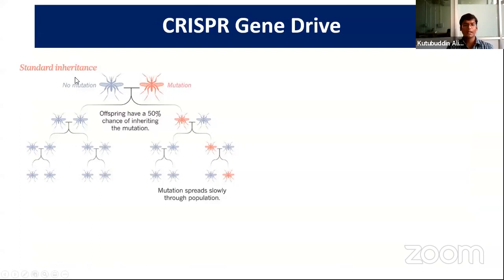In normal standard inheritance, if you mate two mosquitoes, one mutated and another not mutated, a wild type one, the offspring have a 50% chance of inheriting that mutation. So the mutation goes through the generations in a very slow manner, okay? But you can manipulate that normal inheritance pattern by using CRISPR-Cas.